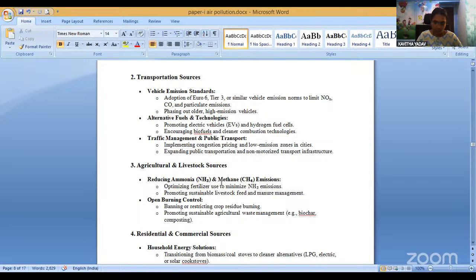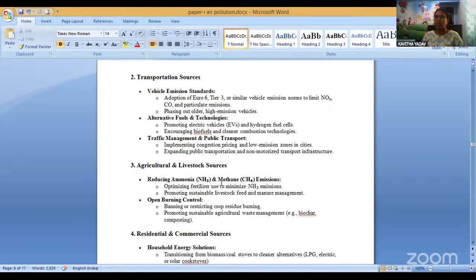In this one, vehicle transport sources mean vehicle emission standards. That is, adoption of Euro 6 and similar vehicular emission norms to limit nitrogen oxide compounds, carbon compounds, and particulate emissions.